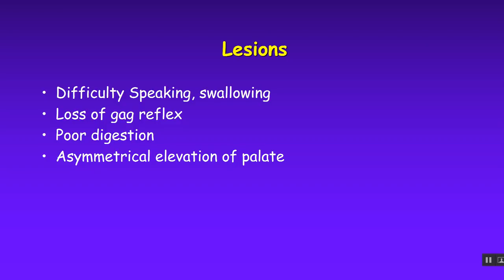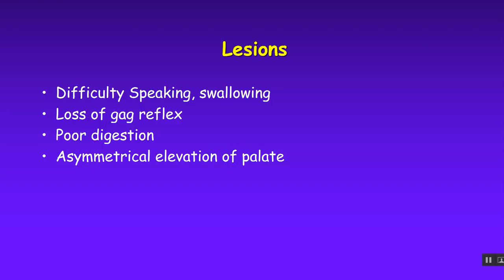So which way is my uvula going to deviate? If it's a right-sided cranial nerve problem, it's going to go to the left, because the left side is going to elevate more than the right, so it's going to pull the uvula over to the left.